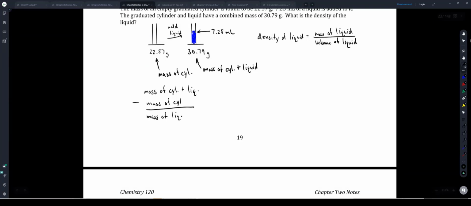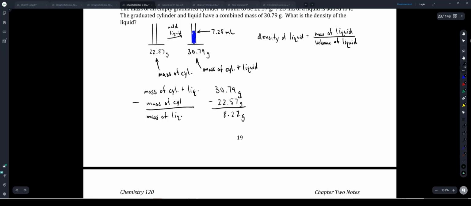Okay. So the mass, what's that going to be? The cylinder plus the liquid is 30.79 grams. The container is 22.57 grams. So when we subtract, 9 minus 7 is 2, 7 minus 5 is 2, 30 minus 22 is 8.